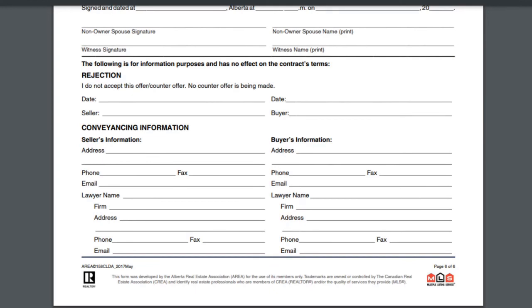So the difference simply means that there are conditions that need to be waived. If they're not waived, it doesn't mean you have a done deal. It also means that if you're the buyer, know that the selling realtor is probably still trying to sell the house, because they don't know for sure if you're going to take it. They just know that according to the contract, there's goodwill that you are going to move forward and purchase that home.